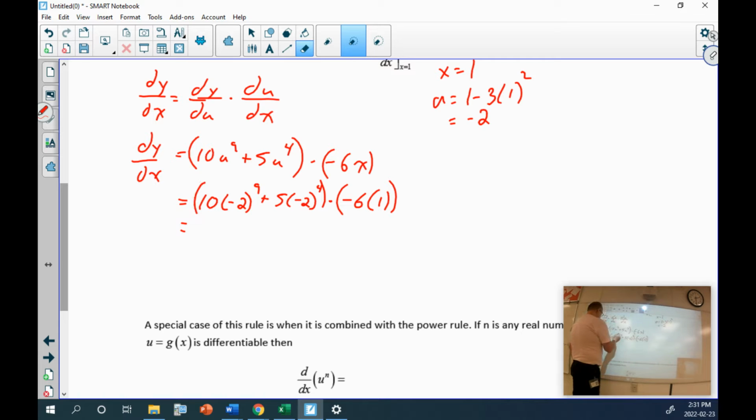Big number, and it's going to be negative 5,260 plus 5 times 16, 10 times 8 would be 80, times minus 6, and you get your number from that.